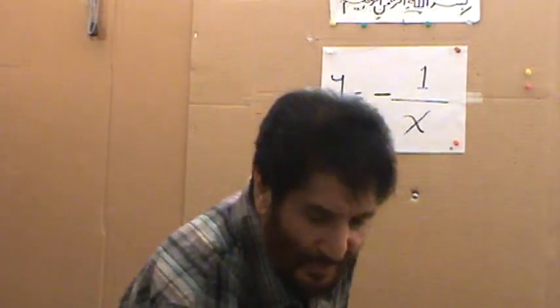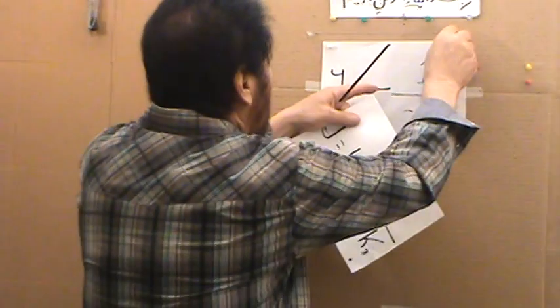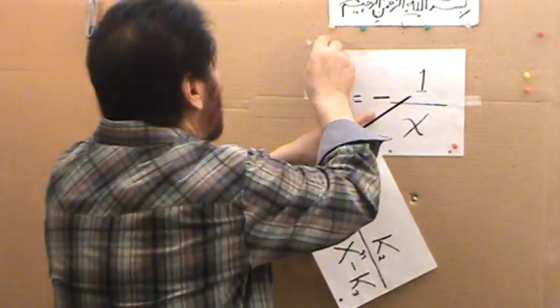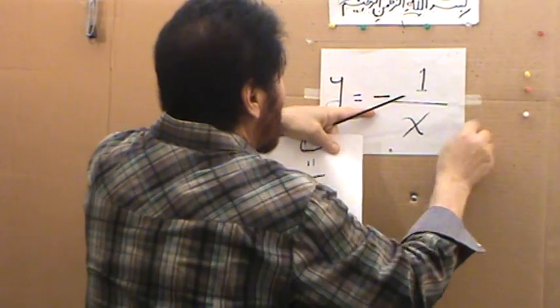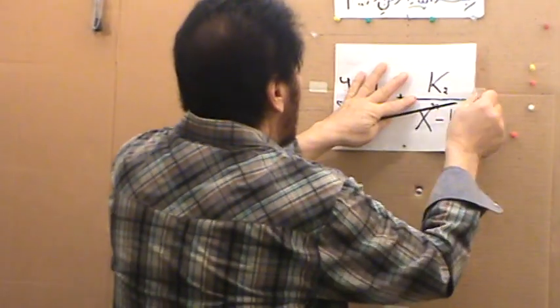Now, let's take all the possibilities under consideration. Let's see what happens if we have different kinds of values for that. So, let's see what happens in that case.